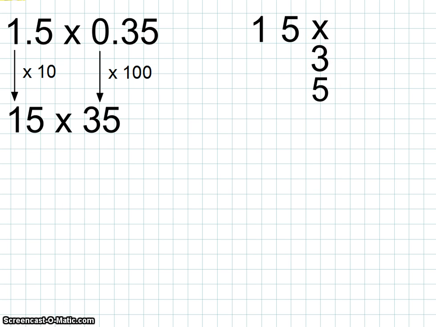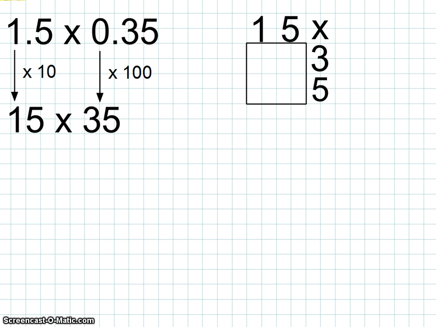The next thing we're going to do is draw a square like that. So that 15 times 35 will be written across this side and this side of the square. Right now we've got one big square. Well, it might not be that big, but it's one square, right?